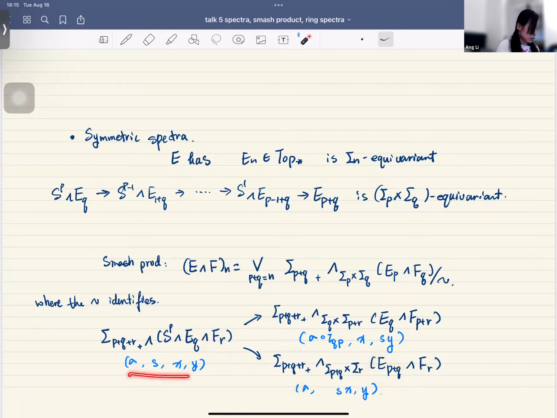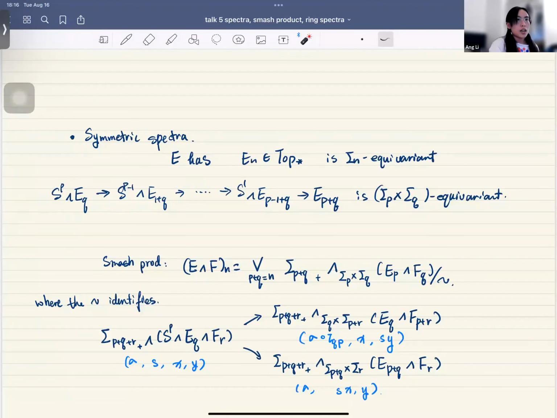And how the map goes is in this light blue color. So yeah, the formula is slightly tedious, but at least we have a formula, and that's a lot of progress. Also, this formula is much easier than in the EKMM approach.